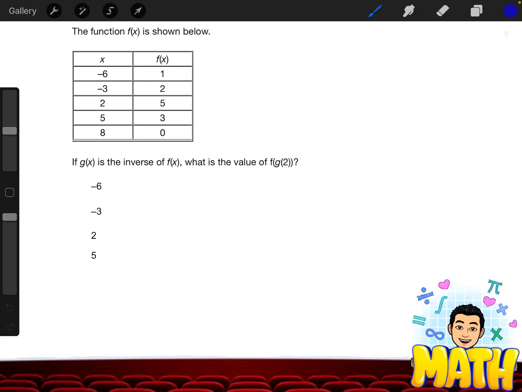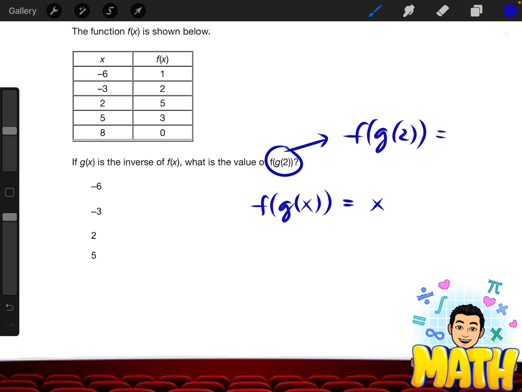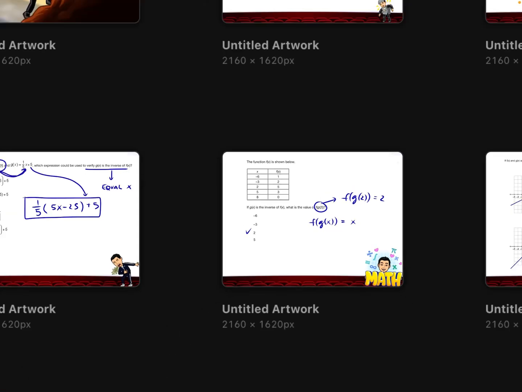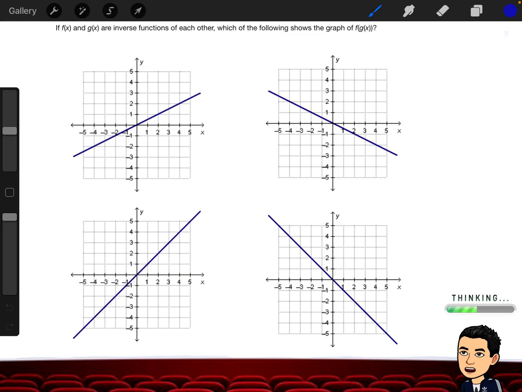Let's check this out. f of g of x, if these two functions are inverses of each other, is going to equal x. So f of g of 2, if they're inverses of each other, is just going to equal 2.